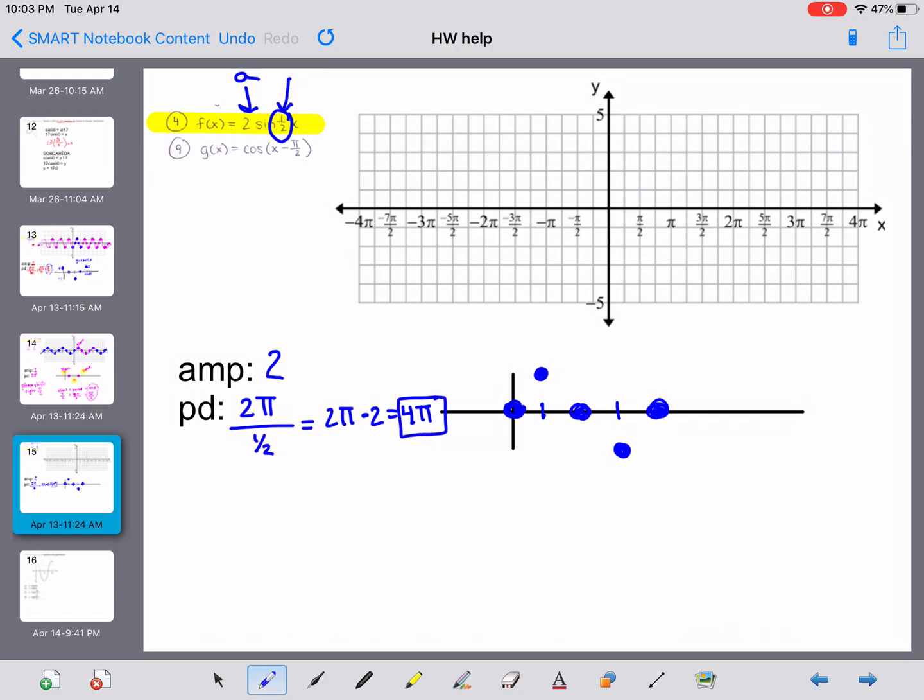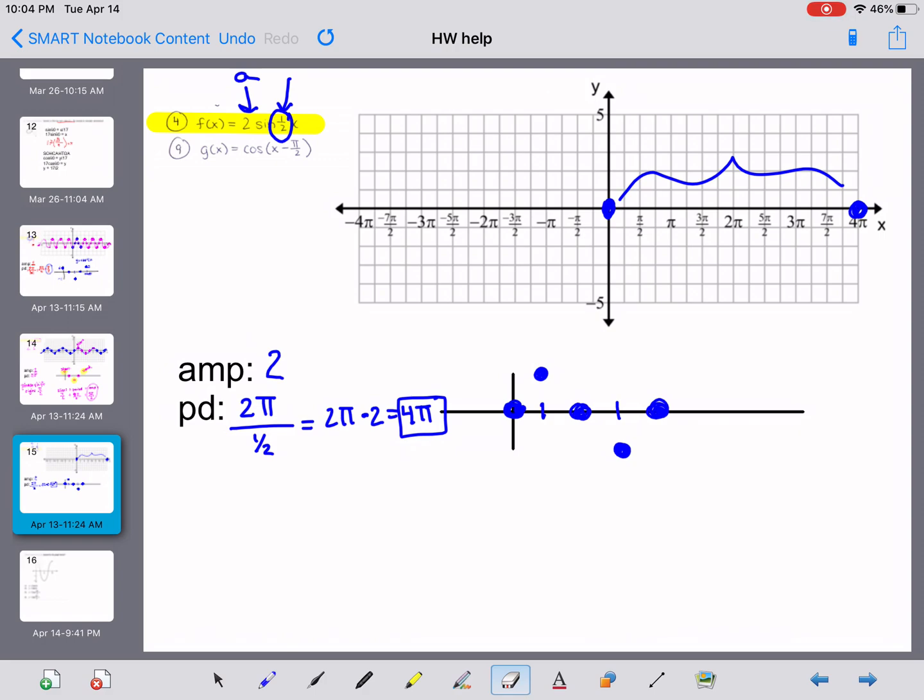That's a horizontal stretch. Normally, for sine, I'm going to start and end between 0 and 2 pi. That's one cycle. For this example, from start to end, it's going to be from 0 to 4 pi. That's going to be one cycle that has all 5 critical points in it. So we are horizontally stretching this by a factor of 2.